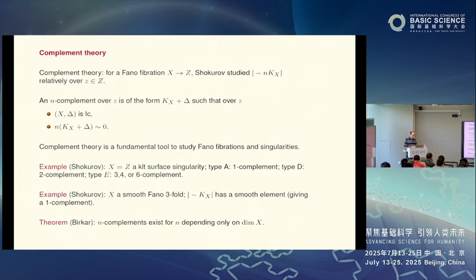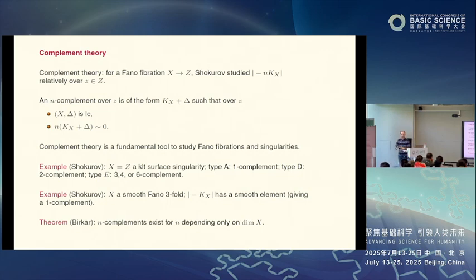In dimension 3, another example is if you take a smooth Fano threefold, then you always have a 1-complement. In fact, inside of this minus K system, you can find a smooth element, which is a K3 surface, and that gives you a 1-complement. This complement story also plays a key role in the proofs of existence of flips, which I discussed before, in dimension 3. That was one of the key ingredients of, for example, Mori's proof, and later on Shokurov's proof.